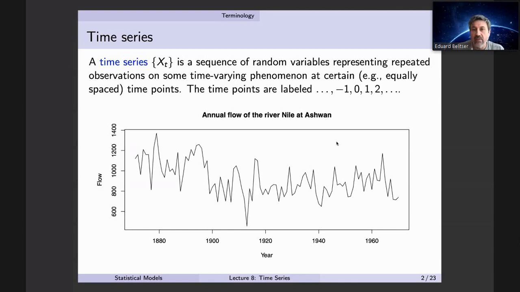Then we label each observation according to that time unit. It doesn't necessarily start from 0. It could start from 0, it could start from -10, depending on the scale we use. In fact, we can even allow going into the infinite past, at least theoretically. So time runs from -infinity to +infinity, for theoretical purposes.